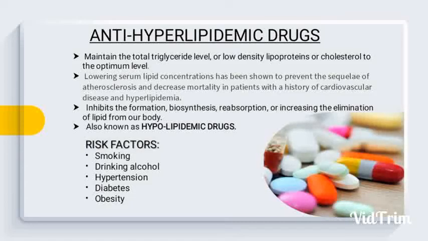Antihyperlipidemic drugs, as we already studied, are used to maintain the total triglyceride level, low density lipoproteins, or cholesterol at the optimum level. Lowering the serum lipid concentration has been shown to prevent the sequelae of atherosclerosis and decrease mortality in patients with a history of cardiovascular disease and hyperlipidemia.